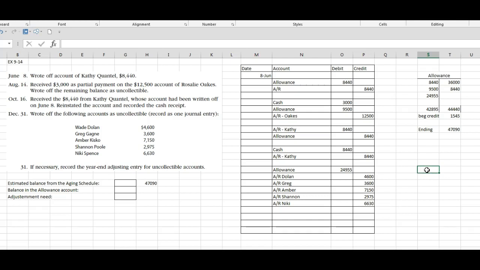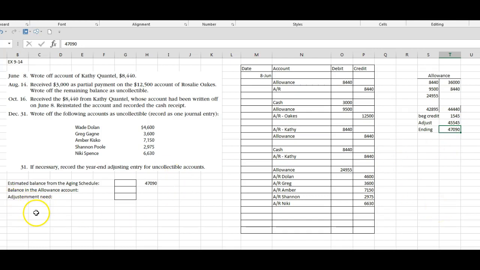Well, if you remember from the previous one we did, I need an adjusting credit in here. And that's why they call it an adjusting account. So what does it take to get 1,545 to equal 47,090? Well, we just subtract, right? So let's see what we get. We have this minus this equals 45,545.